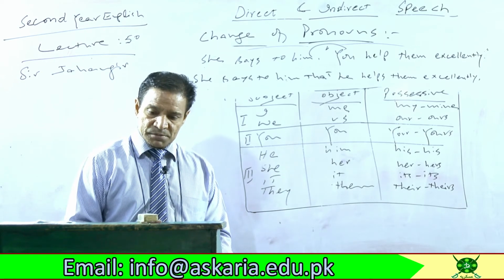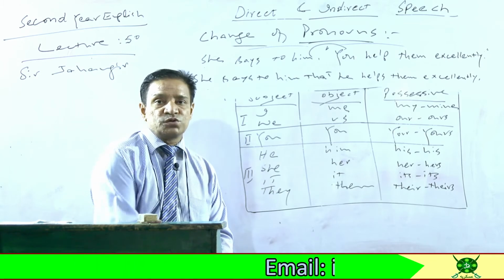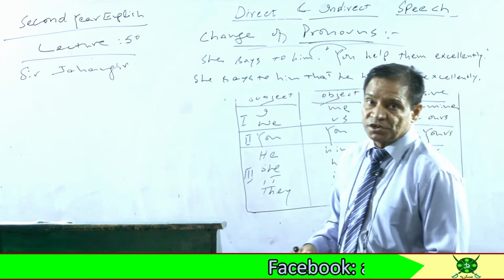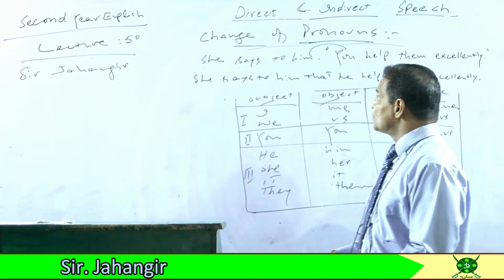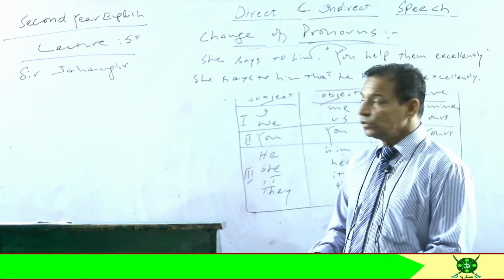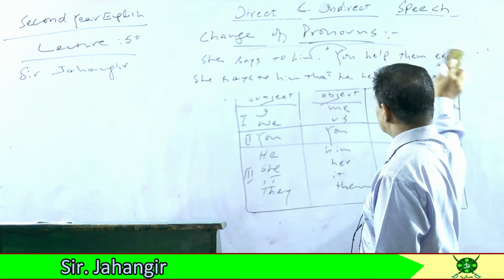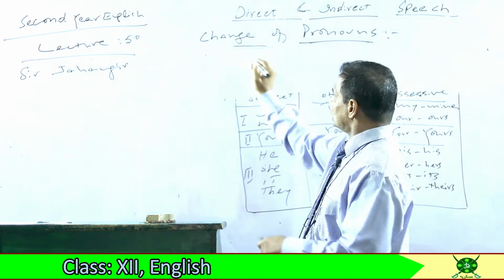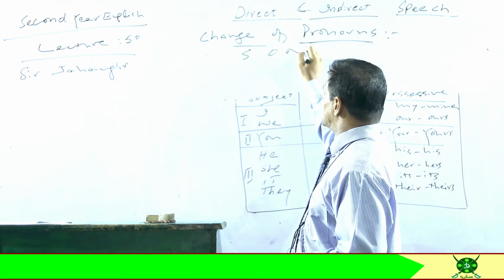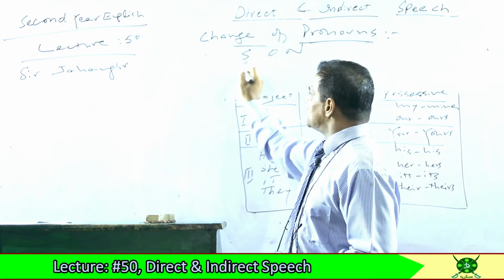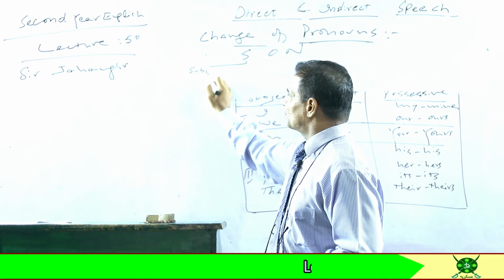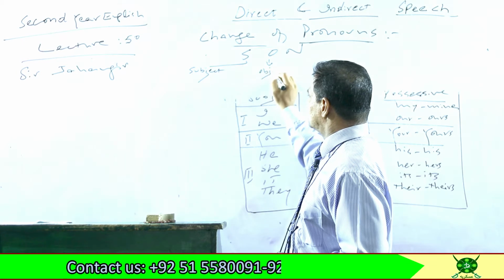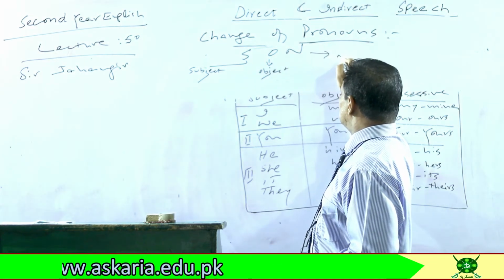There are some grammarians who use a rule of SON to describe this change of pronoun. Now what is the meaning of this? SON. S means subject, O means object, and N means no change.